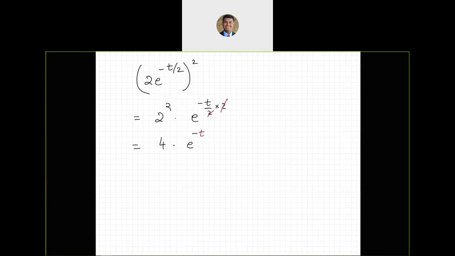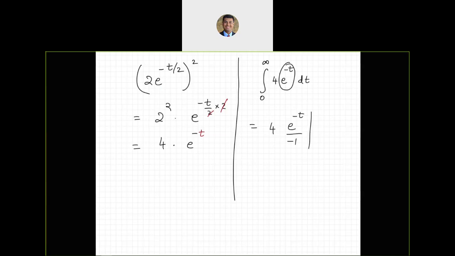And the other question over here was, what happened to the division by minus 1? So yeah, I incorporated that. You see, when you integrate from 0 to infinity 4e to the negative t dt, it will be 4, and the integration of e to the negative t will be e to the negative t divided by negative 1, and this is a definite integral with limits infinity and 0.